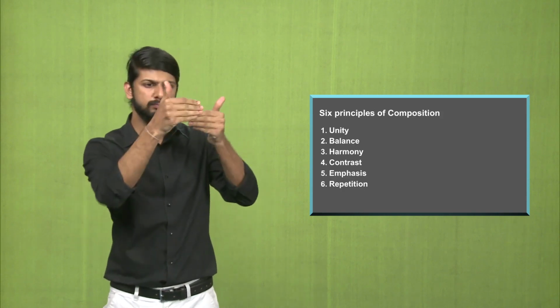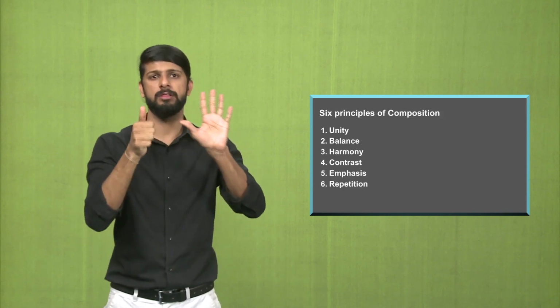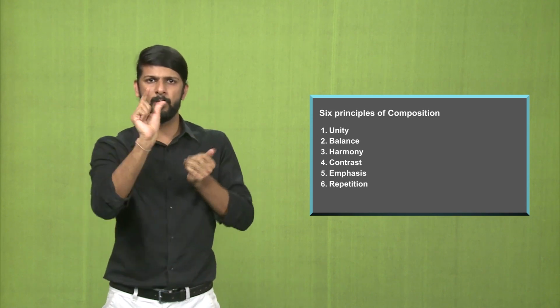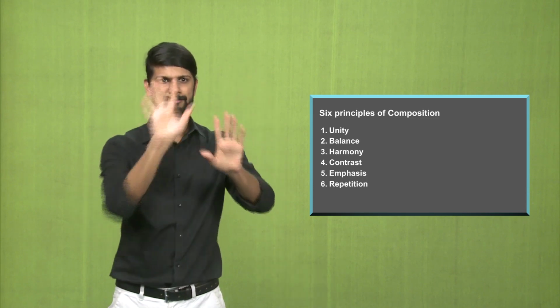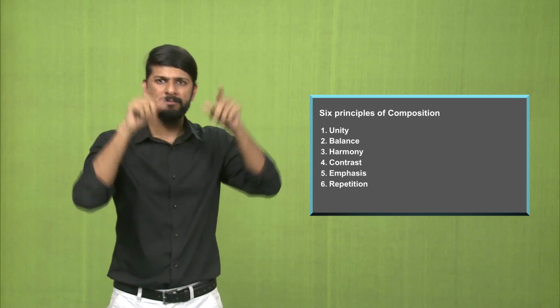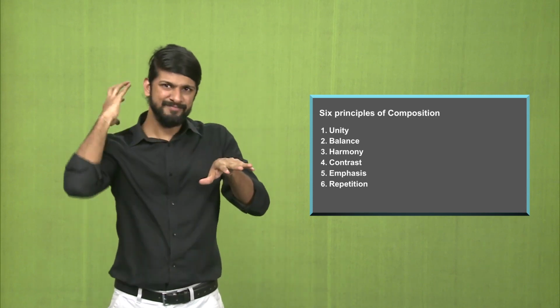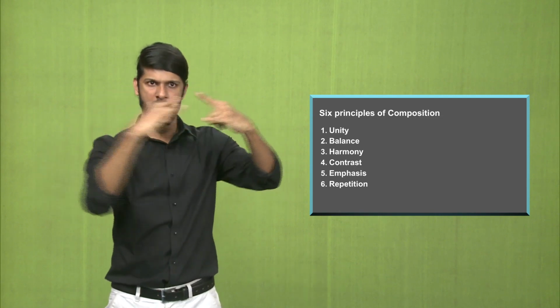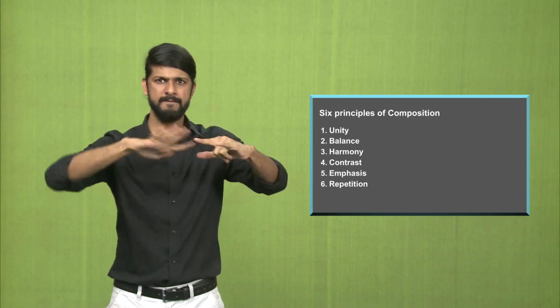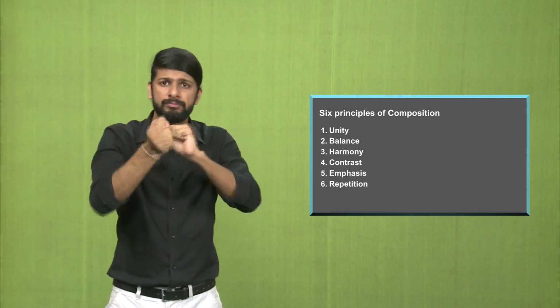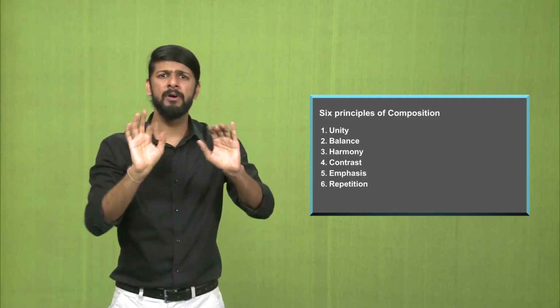Next, we have the 6 principles of composition. First, we have unity. In a work of art, this work in front of you, which we have the bullfight, you would see there is a kind of unity. They have ensured that both the bulls are standing on some form of a ground.